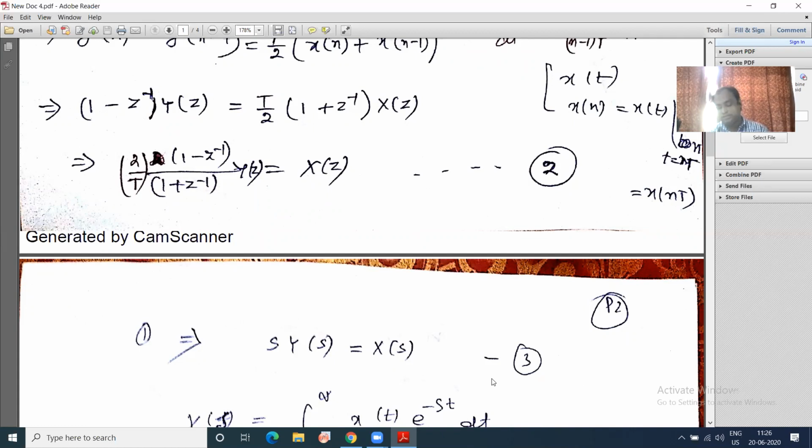You might have learned this in your circuit theory. Do you remember? There are two kinds of analysis: one is transient, another one is for stable systems. For transient systems, we have to analyze t equal to 0 plus and t equal to 0 minus. On the basis of that comes the response in that period, just immediately after 0, immediately before 0, or immediately before infinity, immediately after infinity.